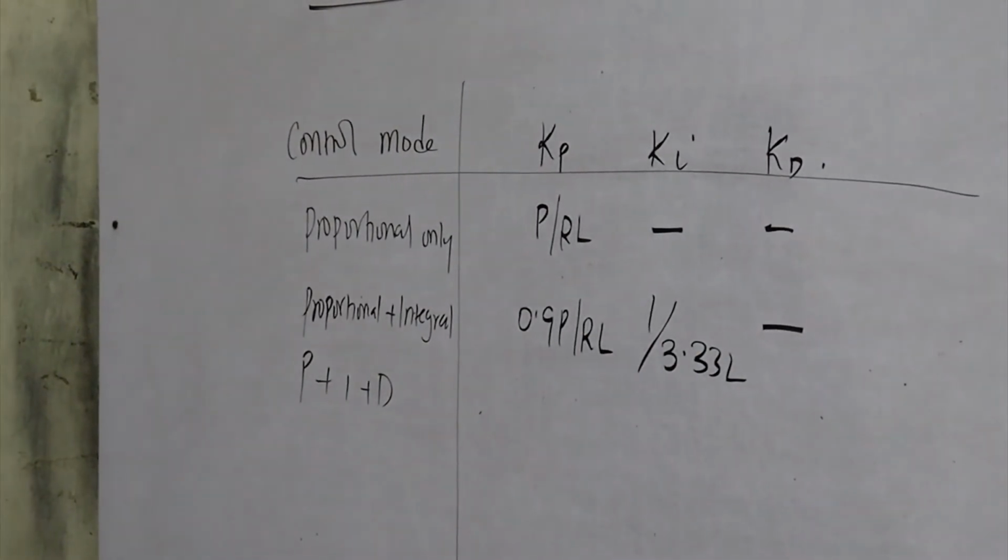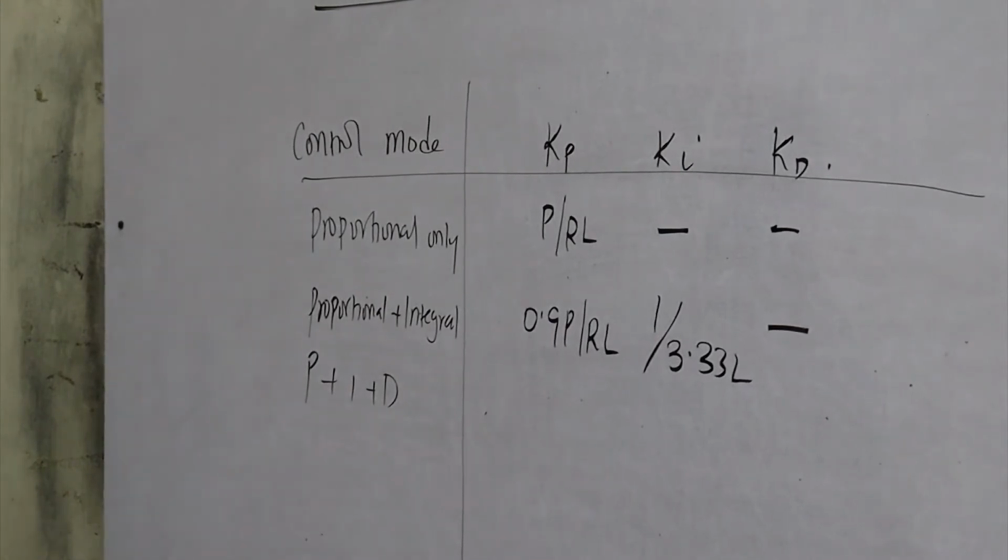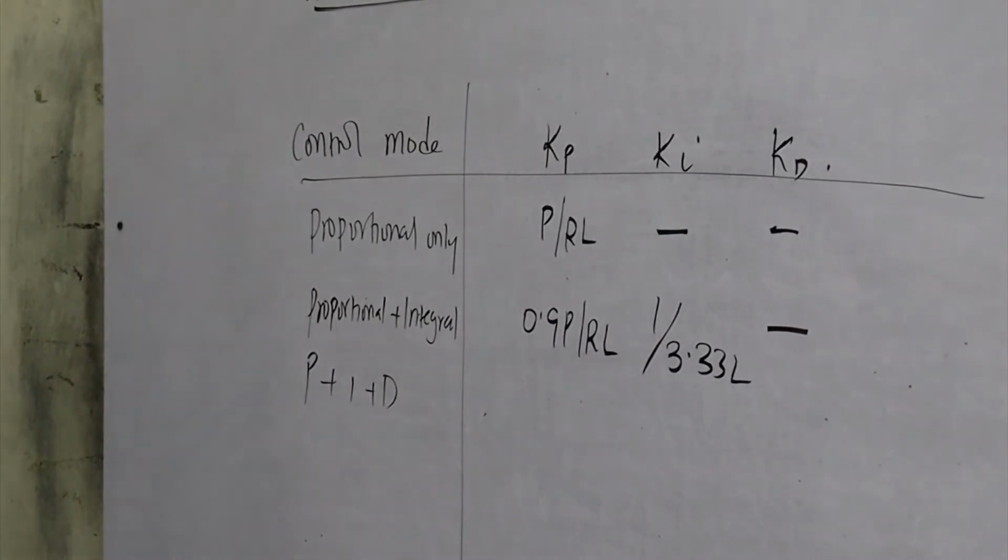Because we only have proportional plus integral, we will not have a value for Kd, the derivative.